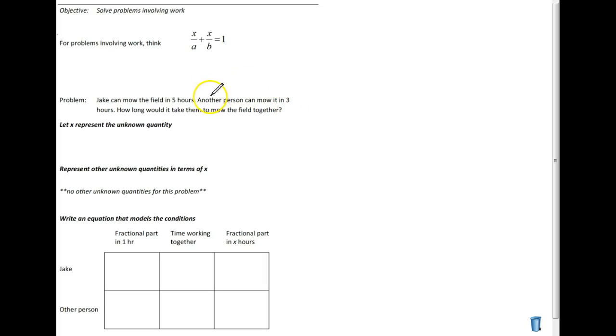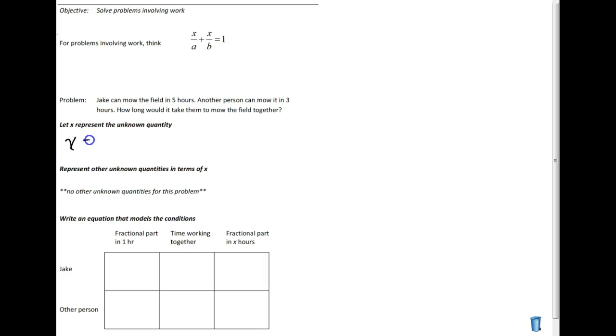But you have to remember that this other person, if they did it totally by themselves, could do it in 3 hours. And so if Jake is helping this other person, then it should cut this time down so that it doesn't even take a full 3 hours. It should be less than 3 hours.